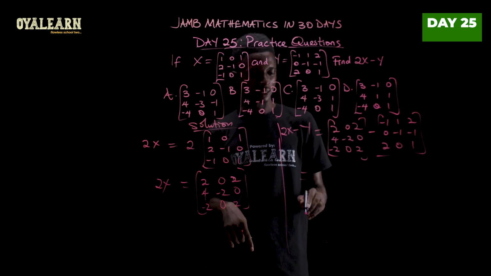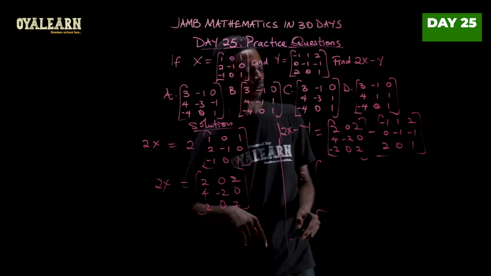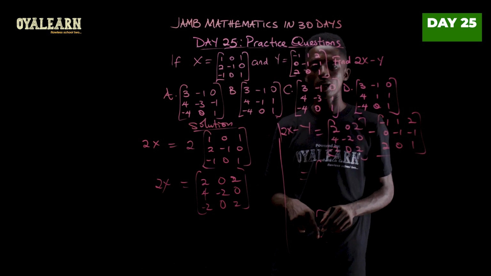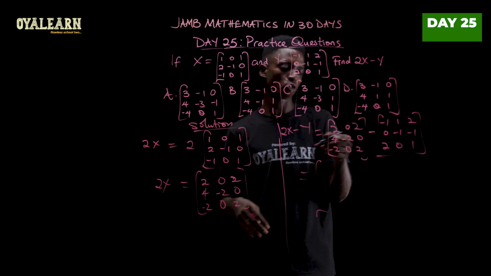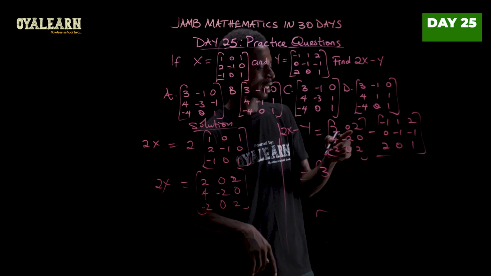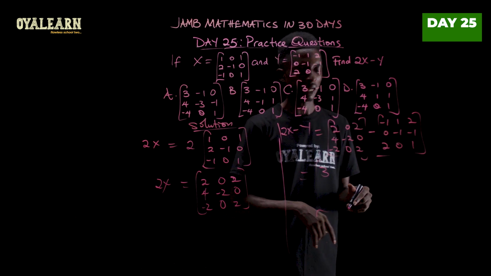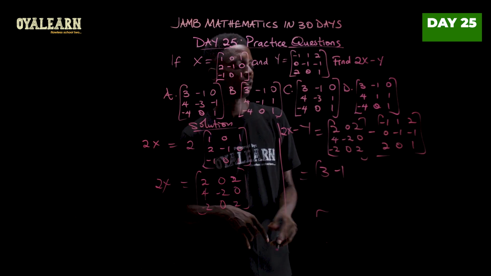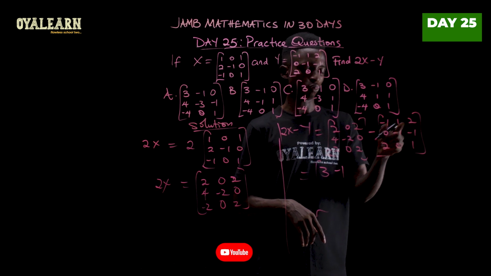Let's solve that part. This will give us 2 minus minus 1. Minus times minus becomes plus, so 2 plus 1, 3. To the next element, 0 minus 1 will give you minus 1. Now 2 minus 2, that's 0.